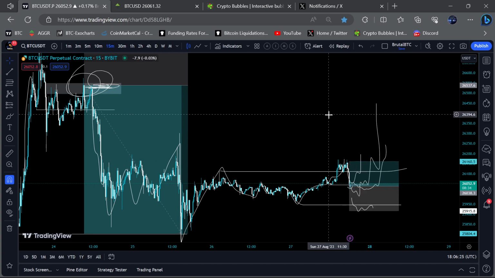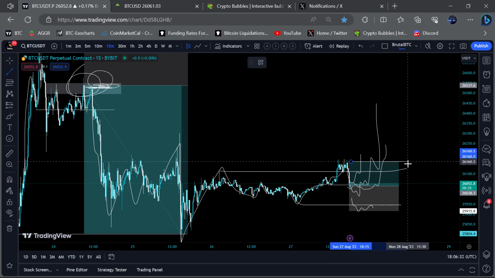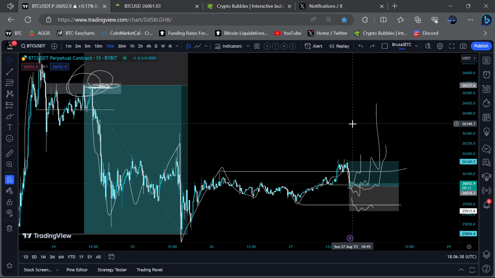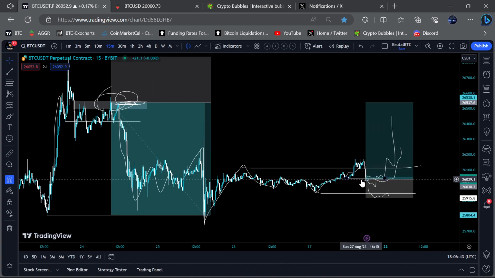At the 1 hour, I'm definitely taking out some profits and moving my stops to break even, something around 26,160. So this is going to be my target number 1. So that's the update on what I'm risking over here.